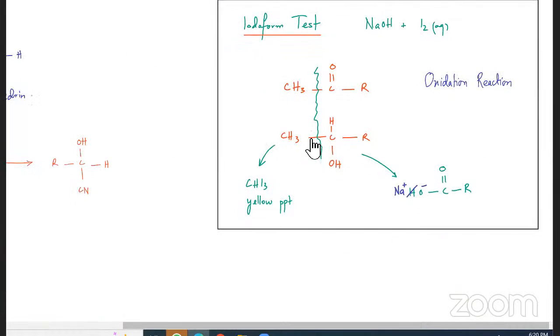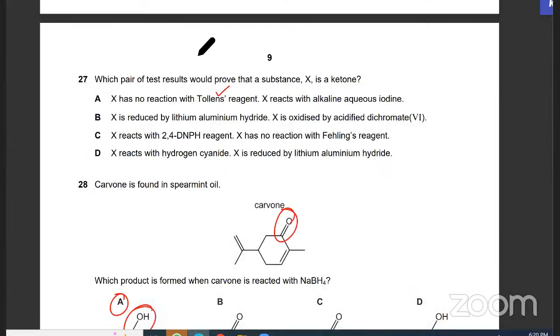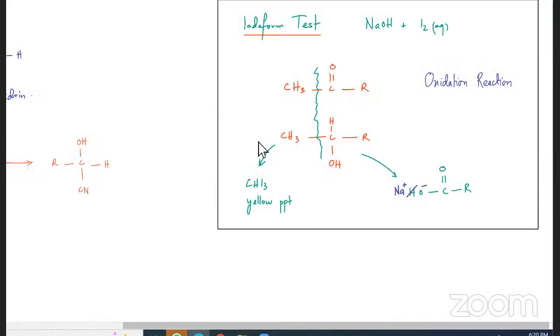Sir, but the aldehyde will react with Tollens' reagent, right? Again, he's saying how would you prove that it's a ketone. So anyways, the iodoform test cannot prove that it's a ketone because the iodoform test is also true for an aldehyde.